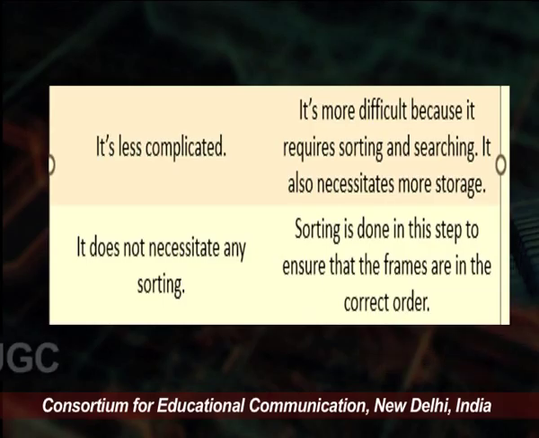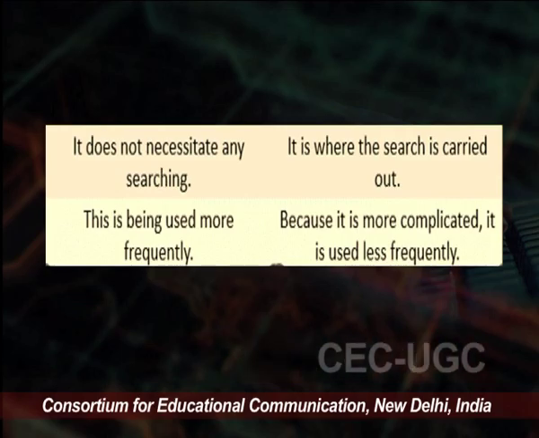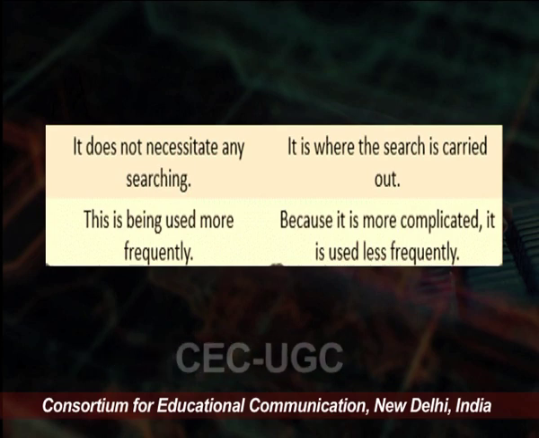So, sorting is definitely required. Similarly, searching is not required in case of go back N, while search is required in selective repeat in order to look for which one is missing. Then go back N is used more frequently because selective repeat is complicated. The selective repeat is used less frequently.